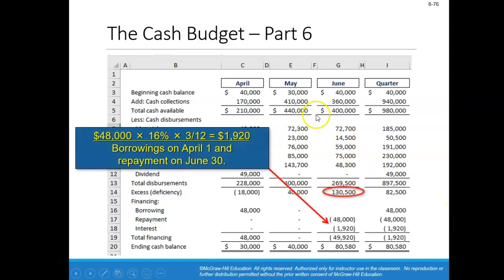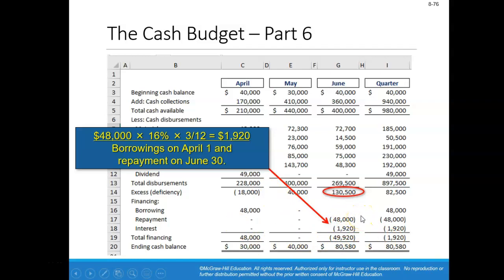Then comes June. This is showing again your cash collections, cash available, as well as all of our disbursements. So by the end of the month of June, we expect to have an excess of $130,500. So we can now pay back the actual loan of $48,000.